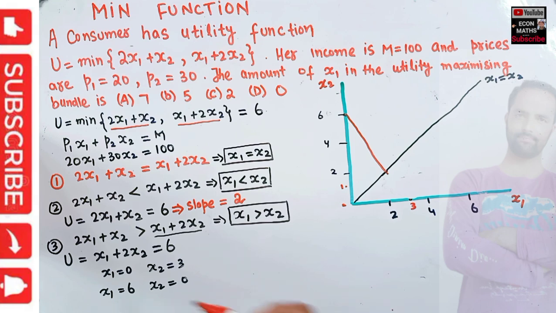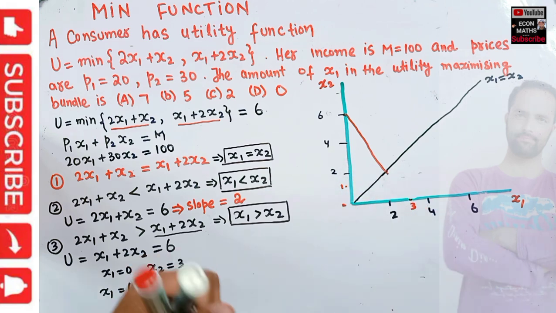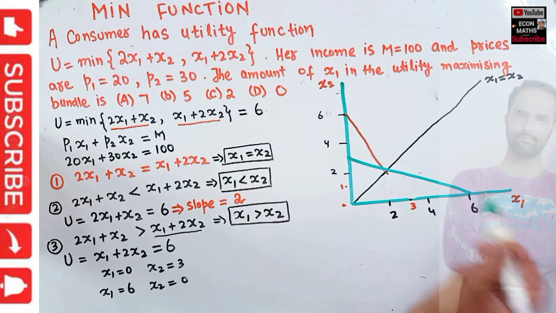We have x2 equal to 3 and x1 equal to 6. So let us say here it is 3. Okay, so we have the indifference curve like this.